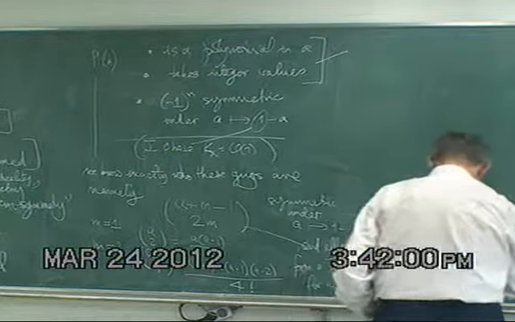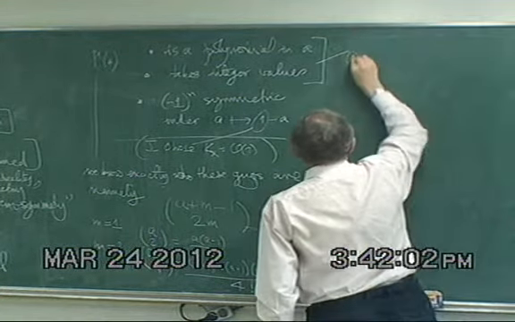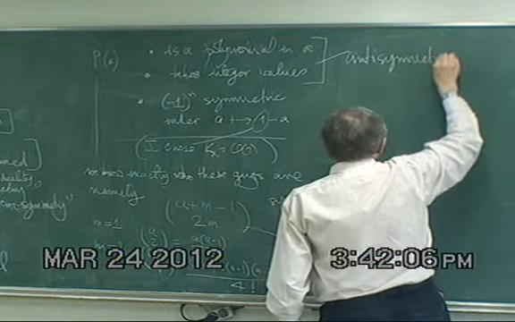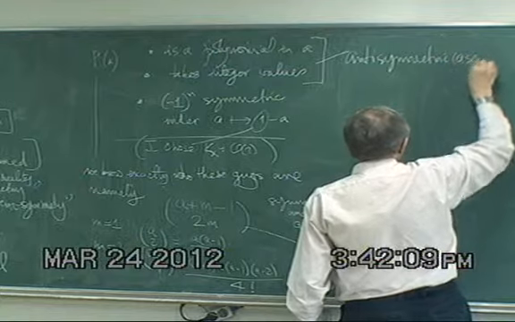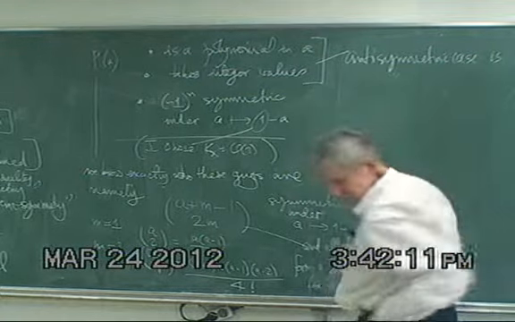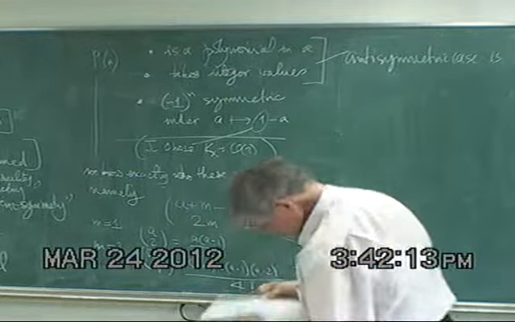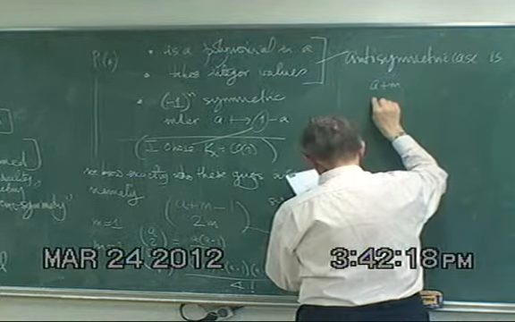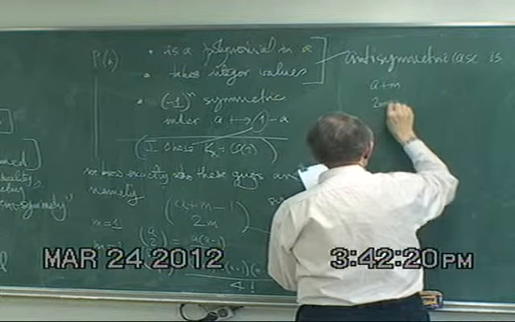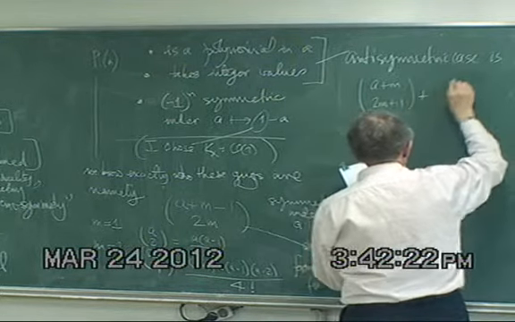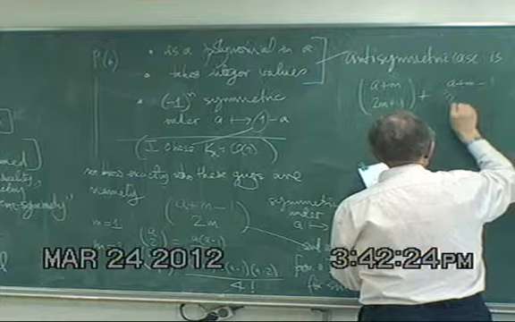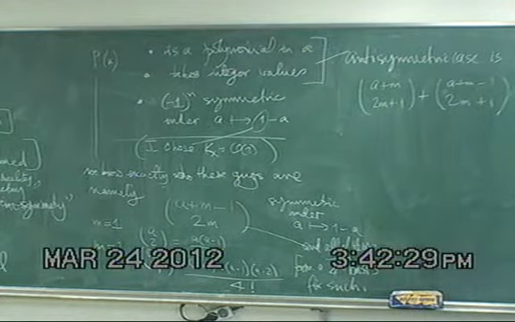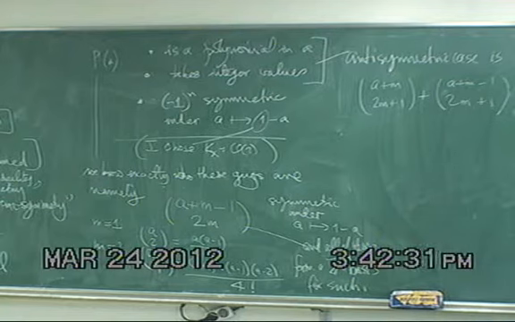The antisymmetric case, I've got it written down: A plus M choose 2M plus 1, plus A plus M minus 1 choose 2M plus 1. And you check again that this one is antisymmetric.